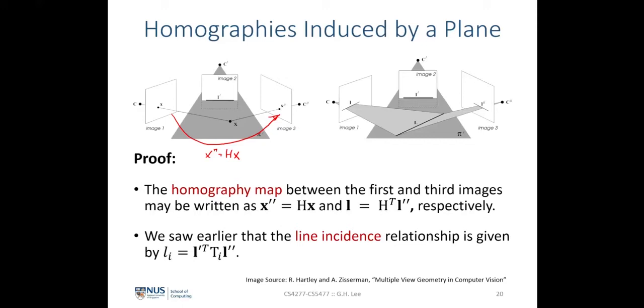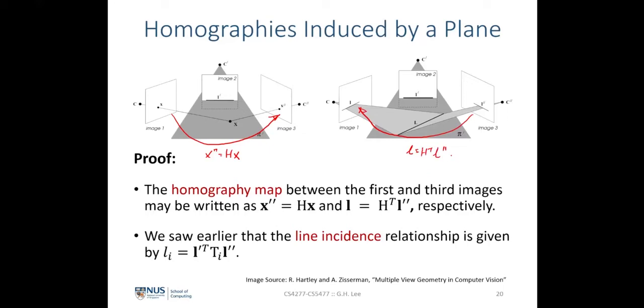And a similar relation can also be obtained from the earlier lecture for a line between the first and the third view. If we were to transfer a line from the third view into the first view, it goes the other way around, and the relation can be obtained as L equals H transpose L prime prime.